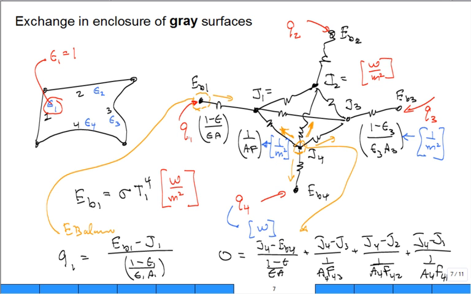If I have no resistance, what is the difference in the voltage? 0. It collapses. Then these two nodes would become one node, and EB1 is exactly the same as J1. So you can take a gray surface network, and if one surface becomes black, you can see how it collapses and gets rid of the J node.